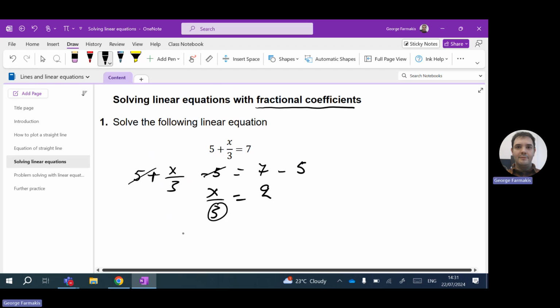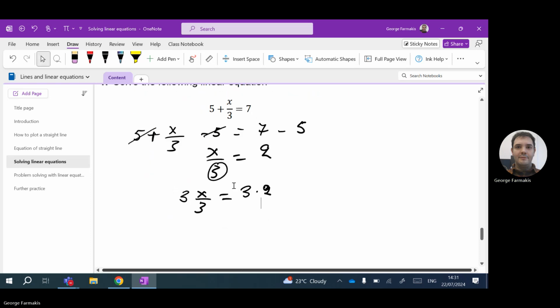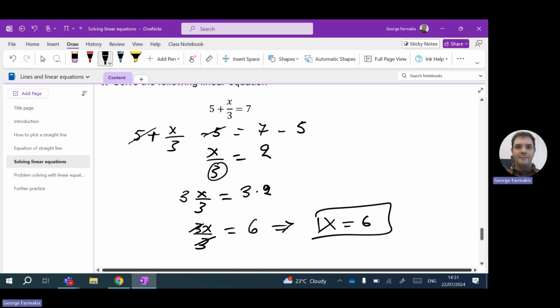So if I multiply both sides by 3, I get 3 times 2. 3x over 3, so you can simplify, you get 6. So x equals 6. So if you have a fractional coefficient, you usually need to multiply.